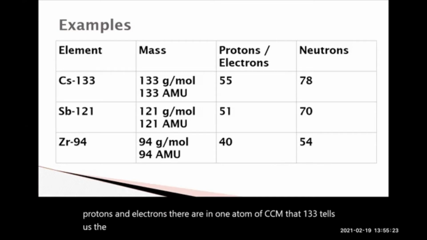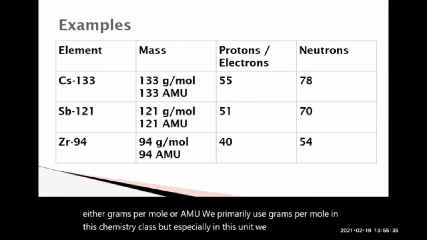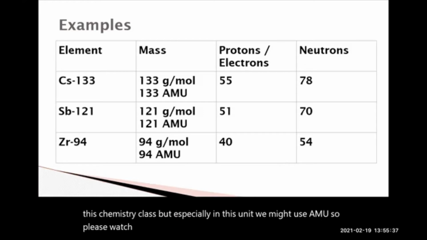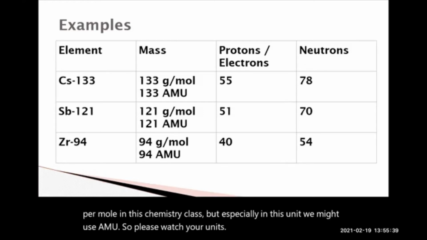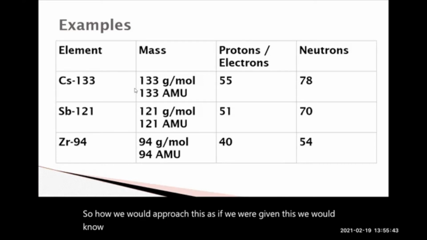There's two different masses that we use in chemistry. It's either grams per mole or AMU. We primarily use grams per mole in this chemistry class, but especially in this unit, we might use AMU, so please watch your units. So how we would approach this is, we would know that our mass is 133, and given that we know the element, we can tell how many protons and electrons there are.